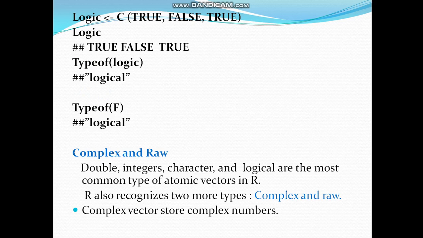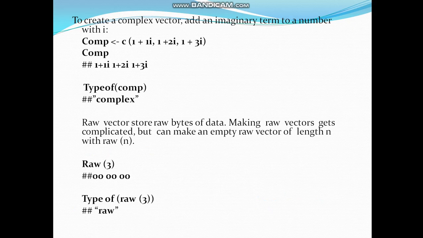And then complex and raw. Double, integer, character and logical are the most common types of atomic vectors in R. R also recognizes two more types, that is complex and raw. A complex vector stores complex numbers.